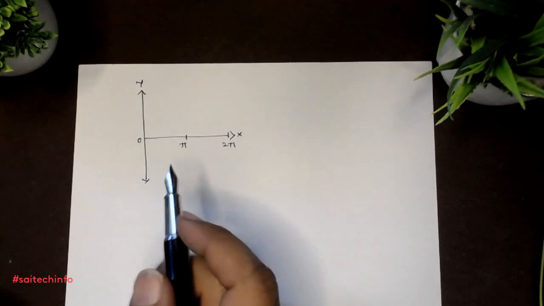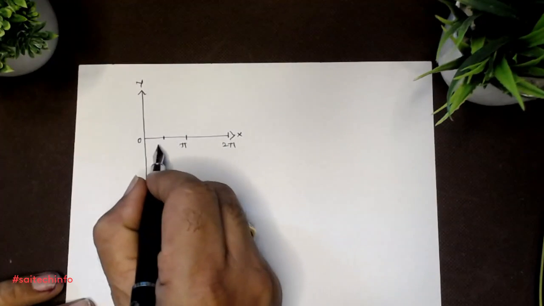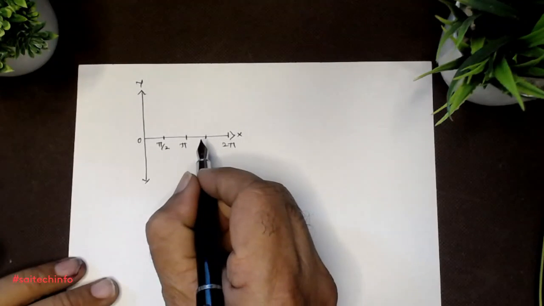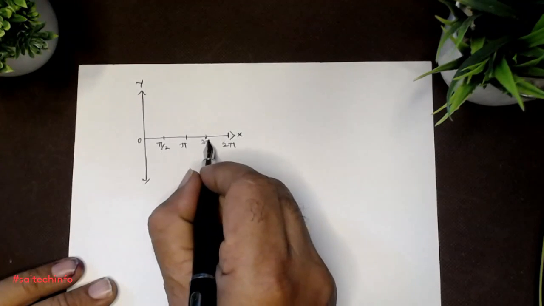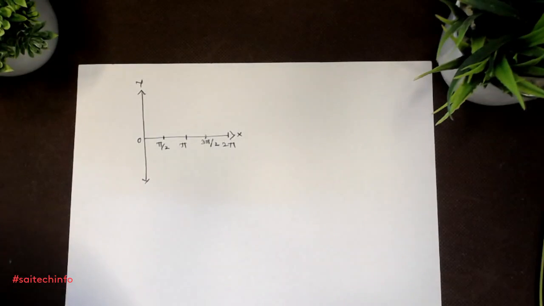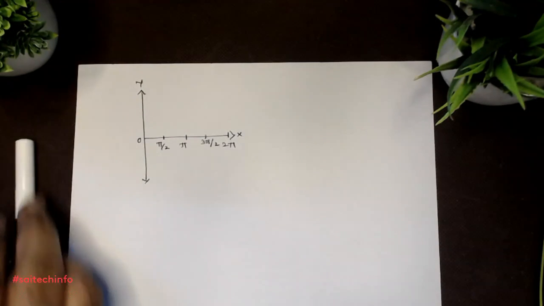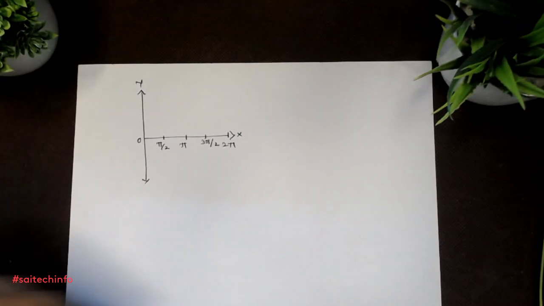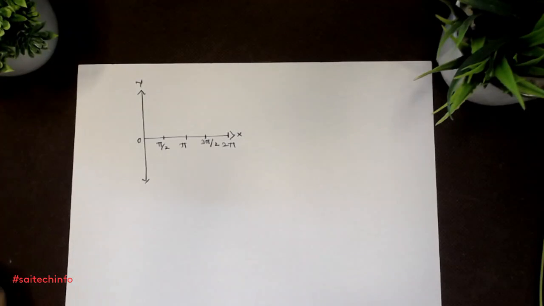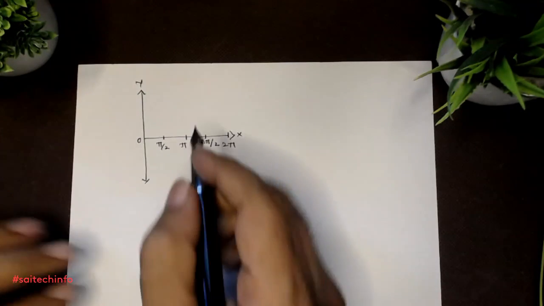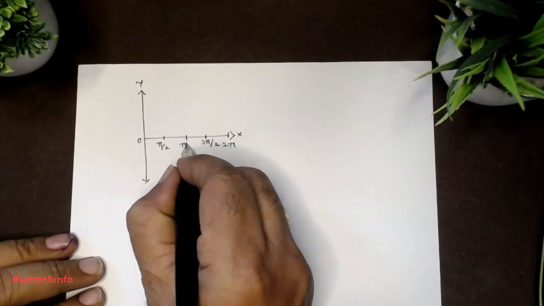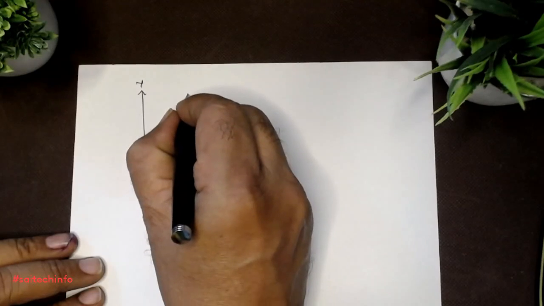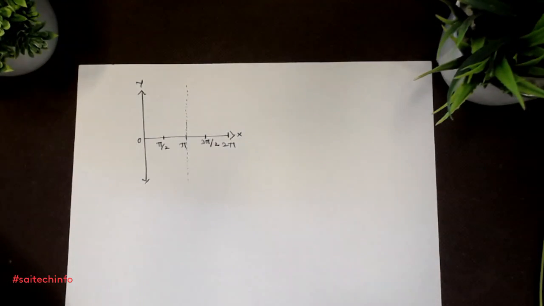This is pi by 2, and this one is 3 pi by 2. You can draw a dotted line at pi.